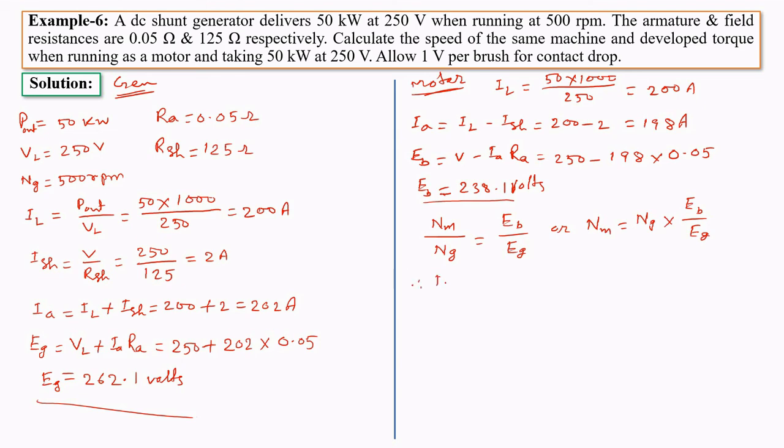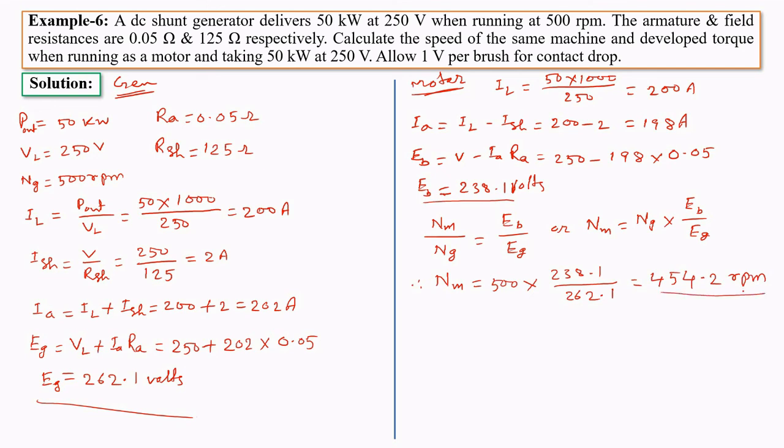Therefore, here the speed of the generator is 500 rpm, back EMF is 238.1, and the generated EMF is 262.1. So we'll get the speed of the motor as 454.2 rpm.